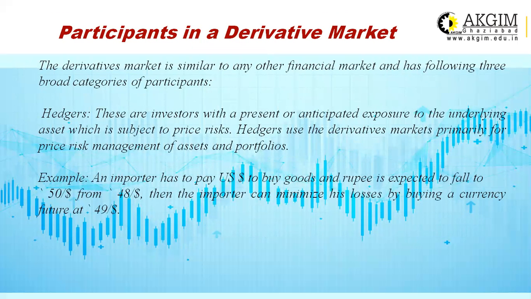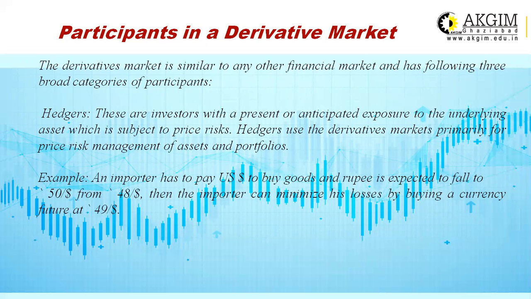Now let us discuss the different participants in the derivative market. There are three participants: hedgers, speculators, and arbitrageurs. Hedgers are investors with a present or anticipated exposure to the underlying asset which is subject to price risk. Hedgers use the derivative market for price risk management of their assets and portfolios.